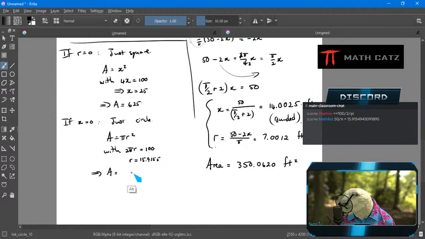It's going to be, let me just write that out, pi times 100 divided by 2 pi, squared. I just don't want to do all the decimals again. So it's going to be 100 squared over 4 pi, because one of the pi's cancel, right? 2 squared, 100 squared, like that.